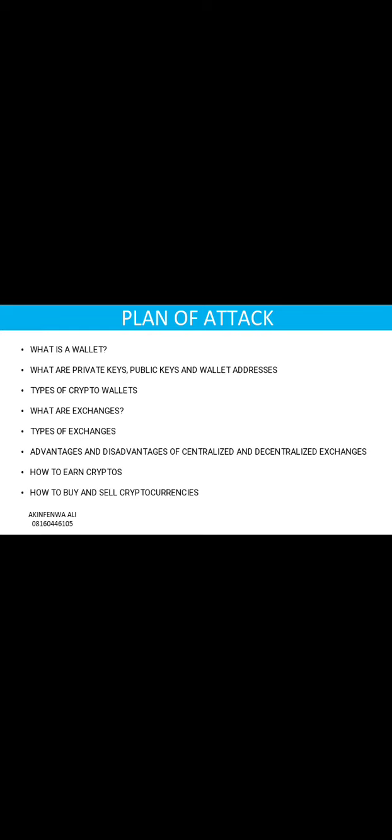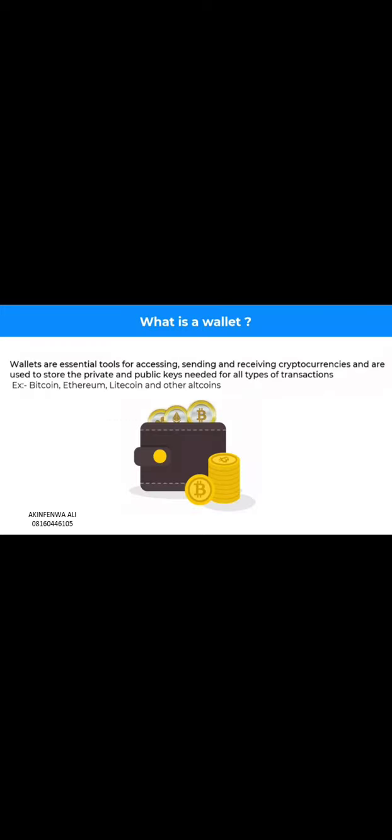We're also going to discuss exchanges: what are exchanges, the types of exchanges, and the advantages and disadvantages of both types of exchanges we have. We're also going to learn how to earn cryptocurrency using these platforms. And lastly, we're going to talk about how to buy and sell cryptocurrencies. So let's move forward.